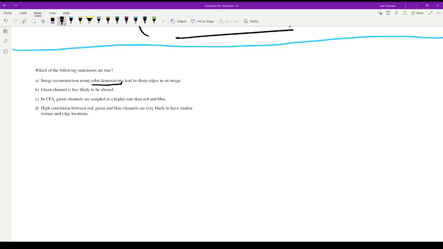So, image reconstruction using color demosaicing leads to sharp edges in an image. Is it right or wrong? What is color demosaicing?